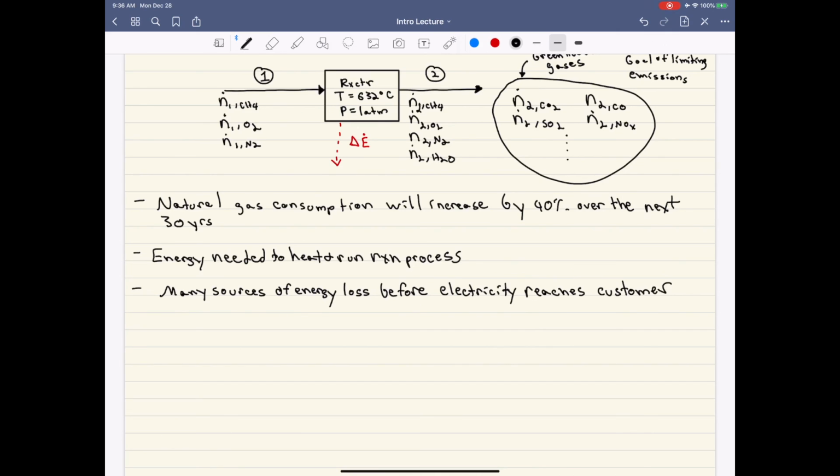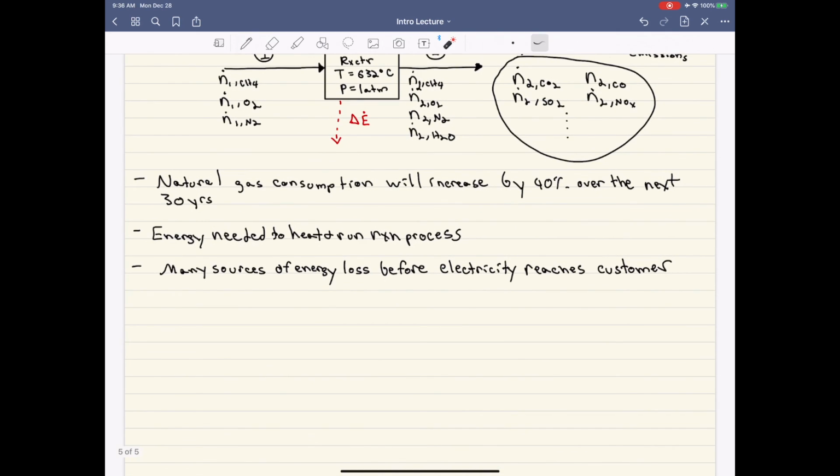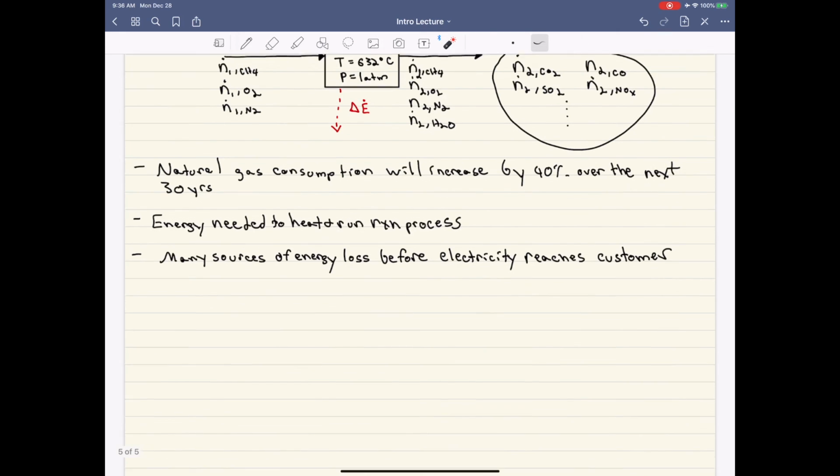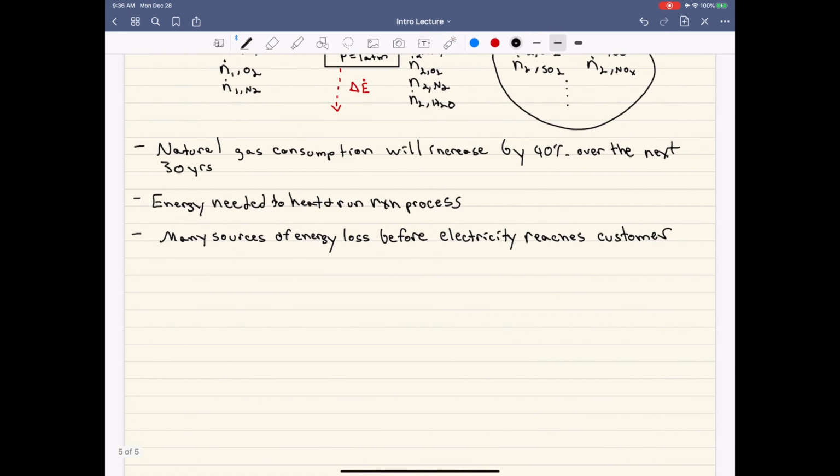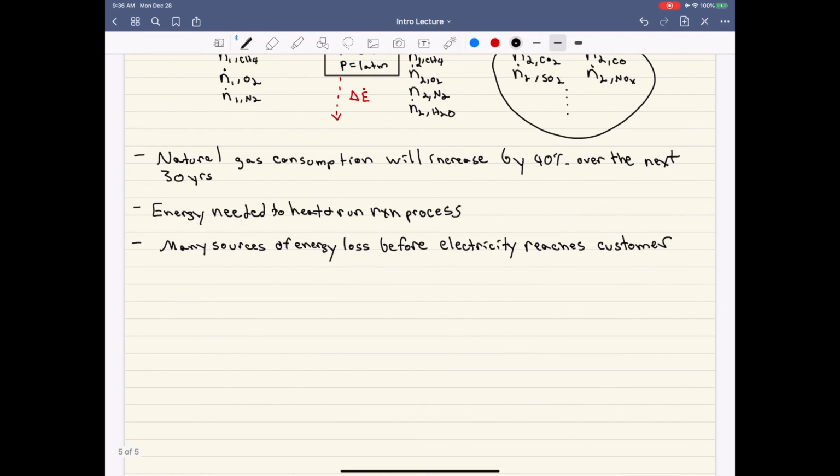More likely, it's going to be only about 20% of the energy produced by this reaction is actually going to reach the customer. Okay? And so there are a lot of costs associated with just the transfer of energy from one form to another. And not just inefficiencies in the process, but also some costs that irreparably harm our environment and society as well. Okay?